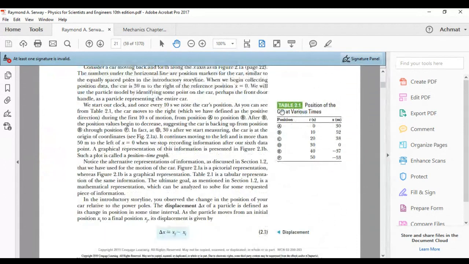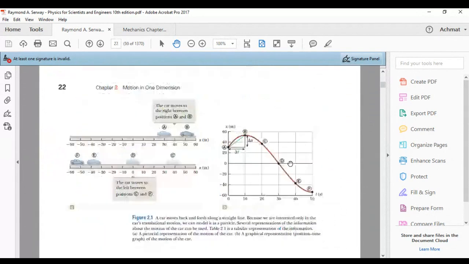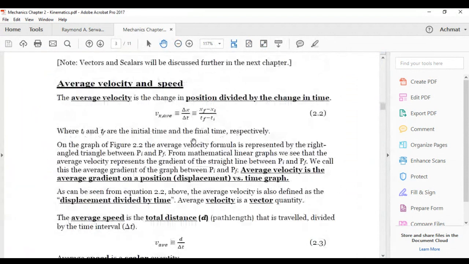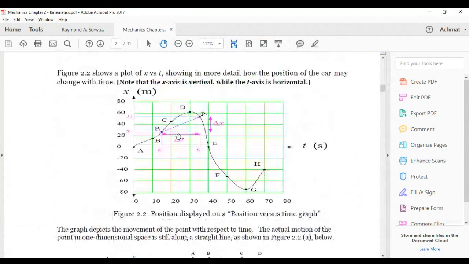Okay, yeah, I think this is what we were talking about. Table 2.1, and there's Figure 2.1. Right, so this is something similar to what we have in the notes. Let's just check the notes quickly. It's not exactly the same.